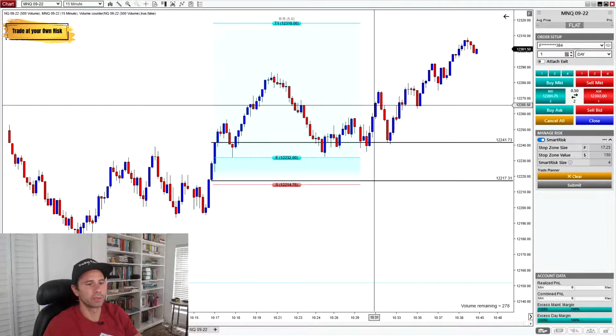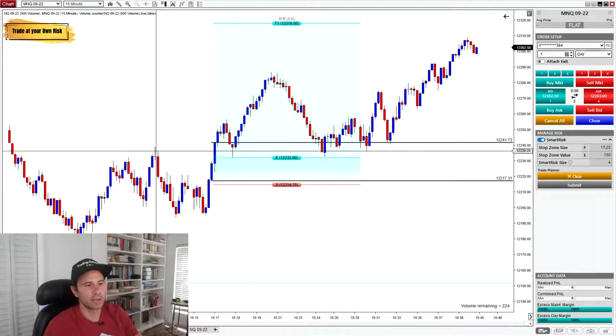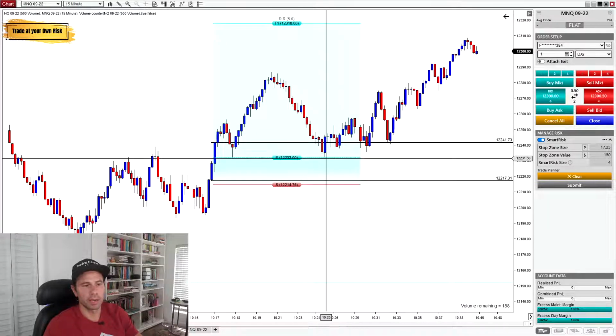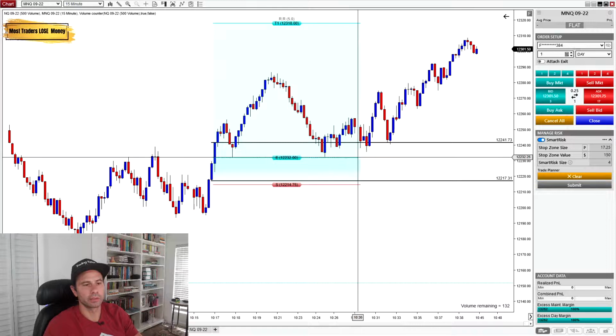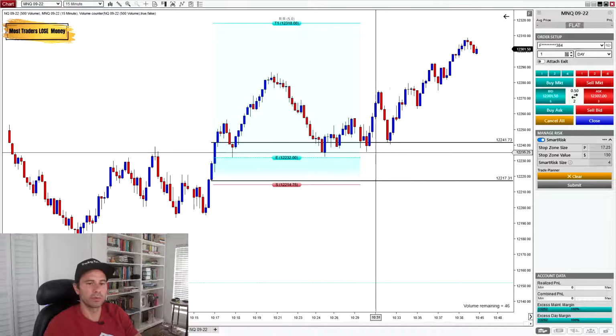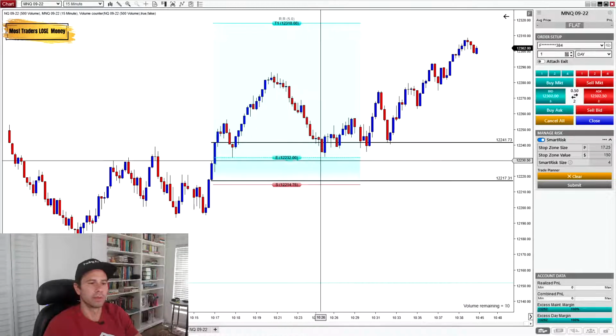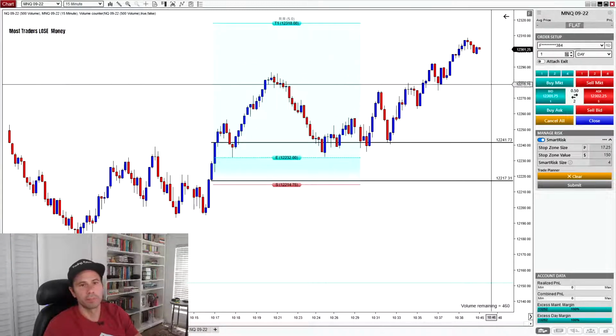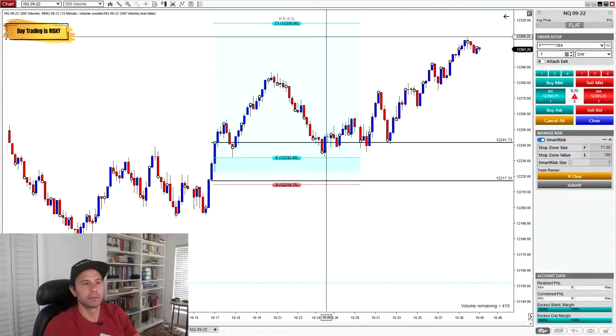Then I flipped my bias to the upside. Same area. I had the bracket here at 32. It never came down. It came to the area at 41, but never to 32, and then it went up.